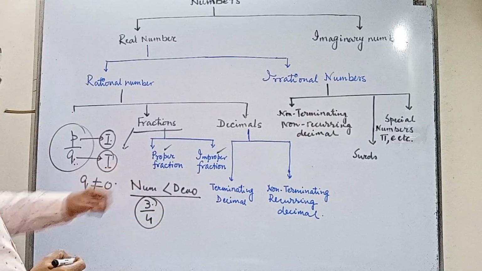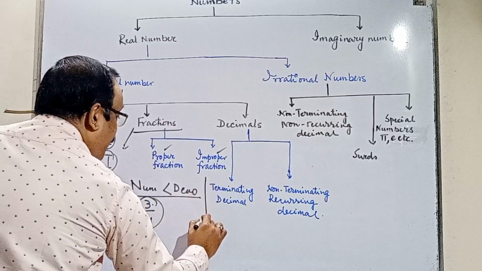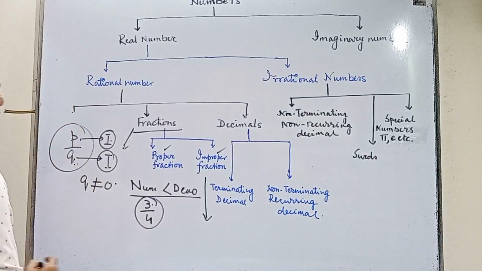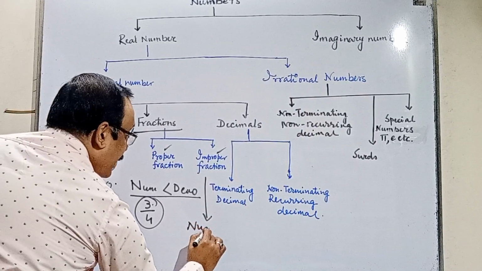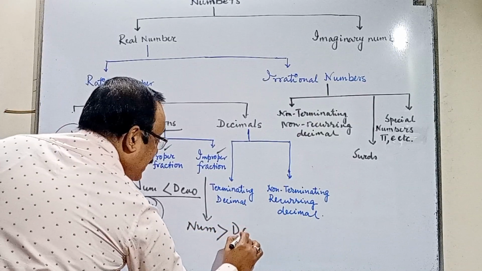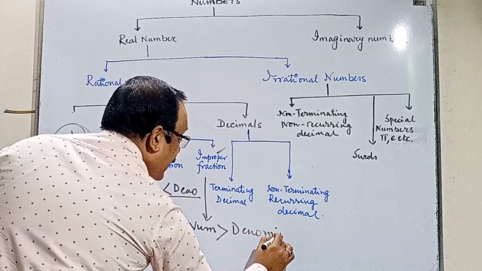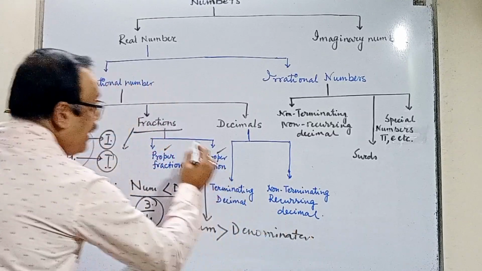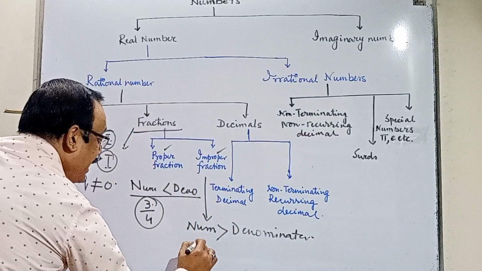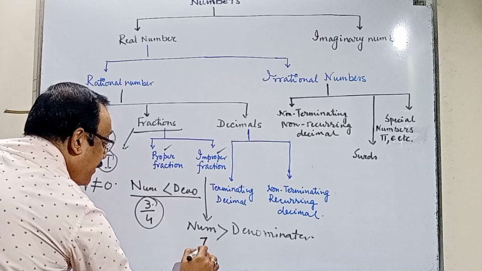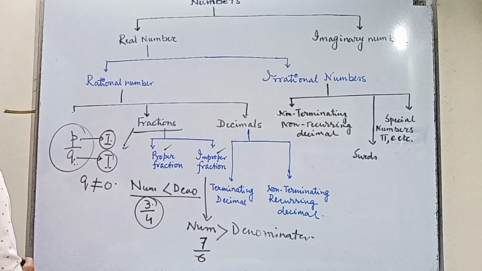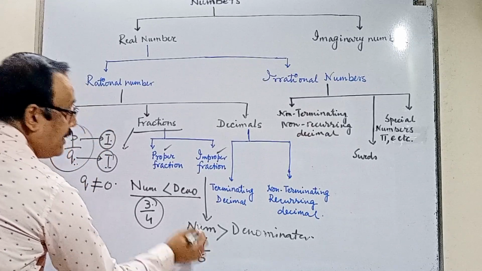This is called a proper fraction. And what is an improper fraction? An improper fraction is one where the numerator is greater than the denominator, like say 7 by 6.